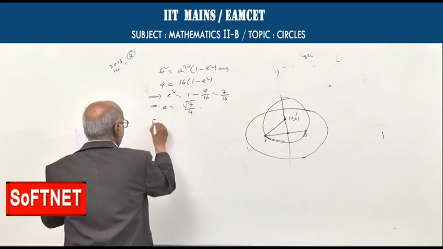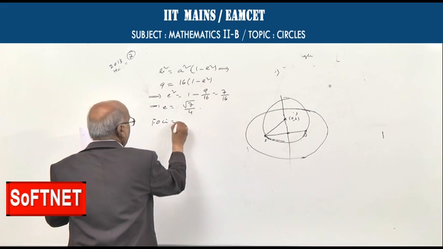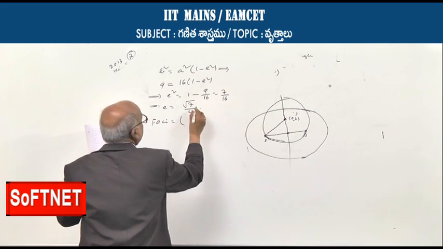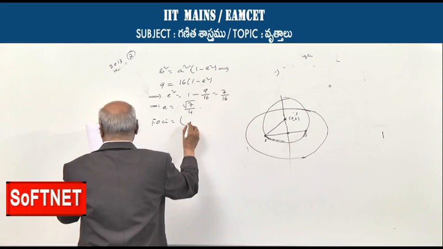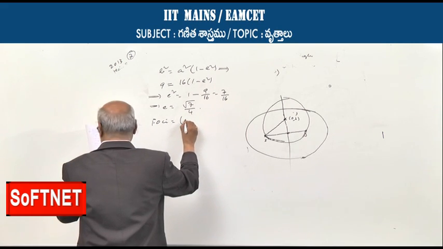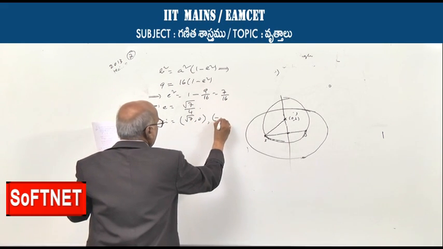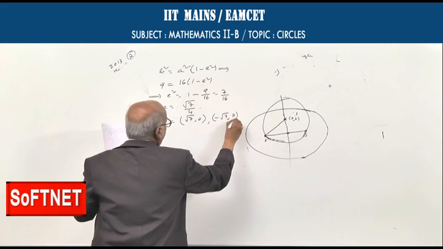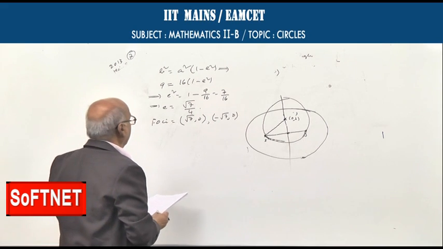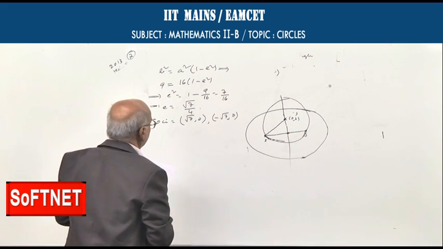So, foci are 4 into root 7 by 4, which is root 7, 0 and minus root 7, 0. Foci are root 7, 0 and minus root 7, 0.